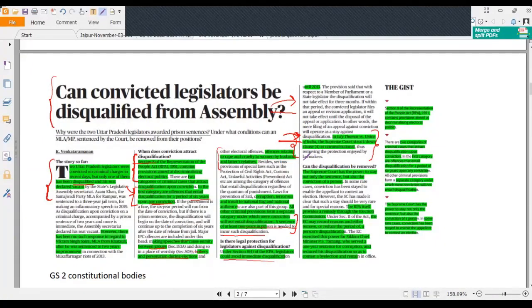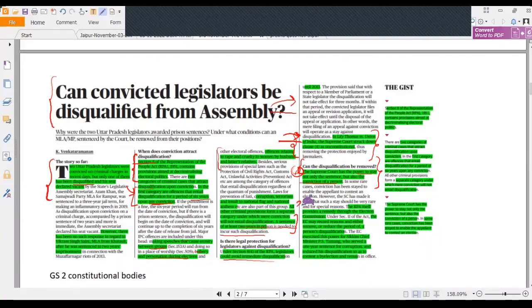Now, can this disqualification be removed? There are relevant provisions and remedies which are available in these kinds of cases. So first is appealing in the Supreme Court. Supreme Court has power to stay not only the sentence but also conviction of a person. This is one remedy.